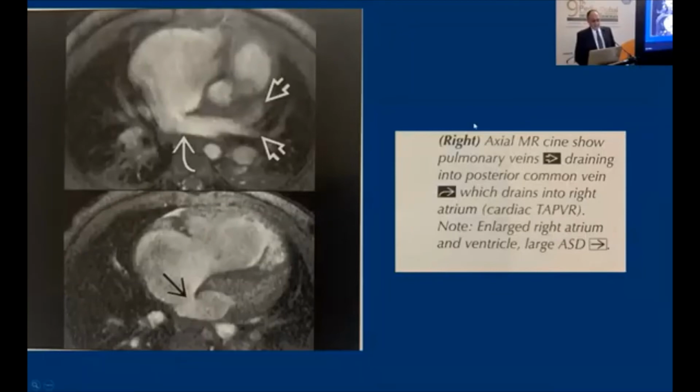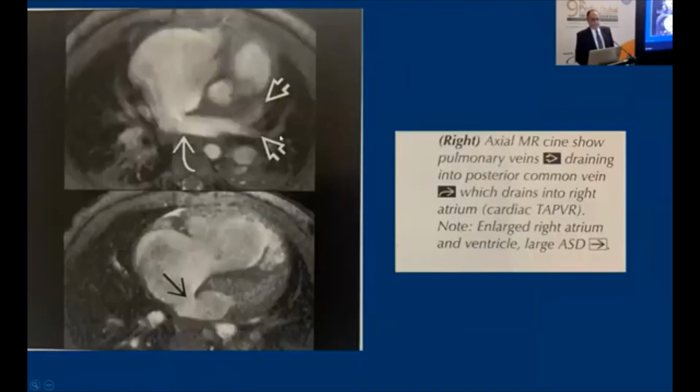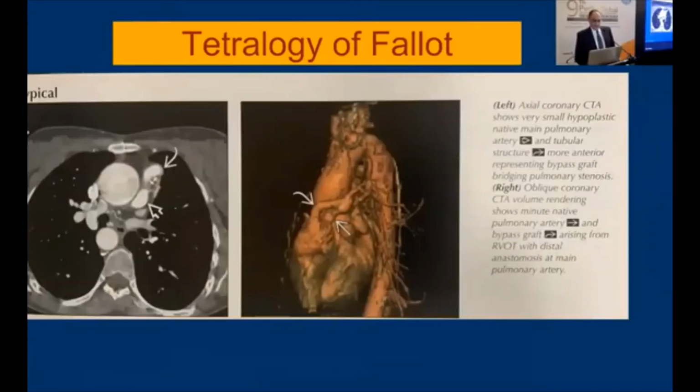Another example of the draining venous system in the left and the atrial defect on this MRI image. Tetralogy of Fallot. This post-surgical case shows the pulmonary stenosis and the graft between the right ventricle outflow tract and the post-stenotic area and the native stenosis.